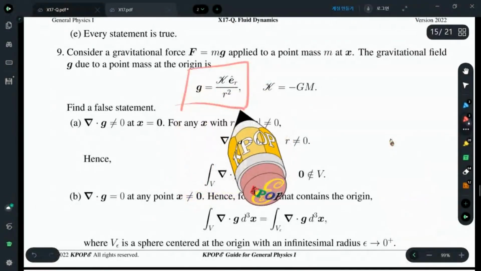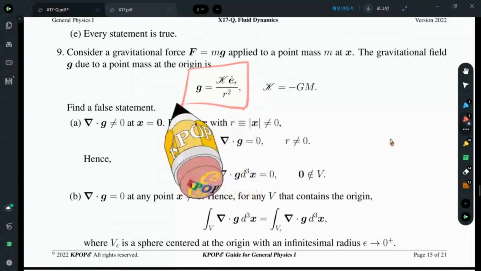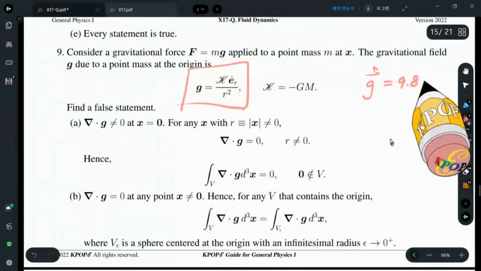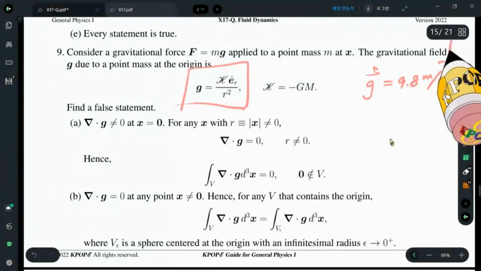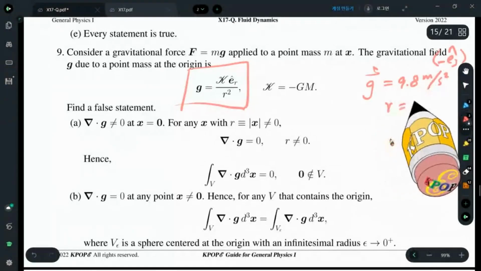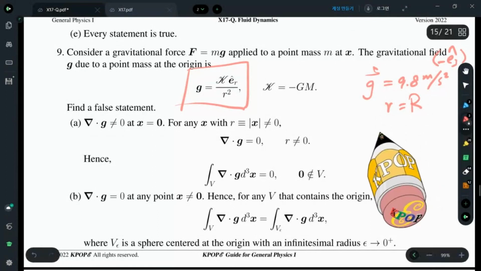You remember the gravitational acceleration in general is given like that. And we use g equals 9.8 meters per second squared, minus that, for example, in case R is the radius of the Earth.